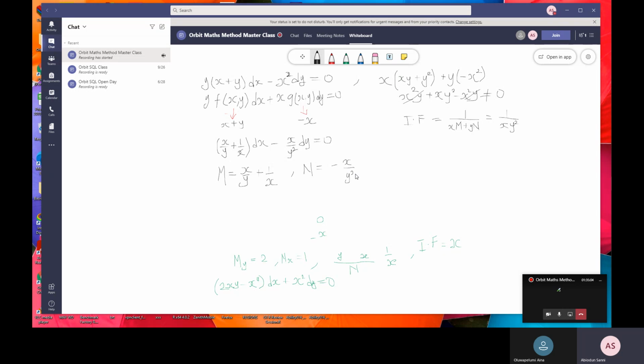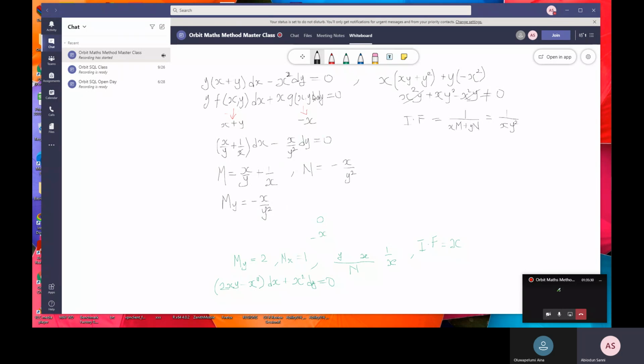To check whether it is exact, we are going to find the partial derivative with respect to y. So if we differentiate partially with respect to y, what do I have? I will have minus x over y squared.